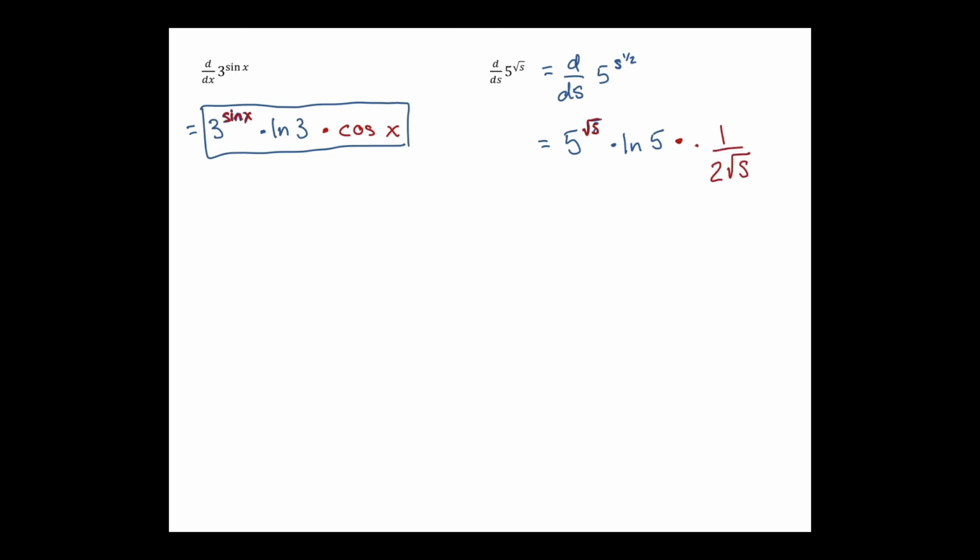You could rearrange things a little bit here to have the denominator underneath and the blue terms on the top. It is 5 to the square root of s, times ln of 5, divided by 2 times the square root of s.